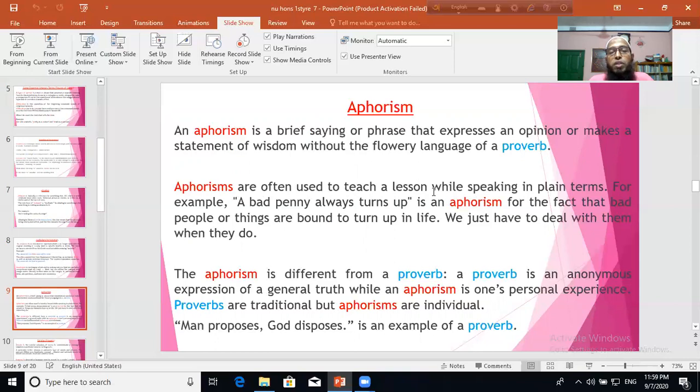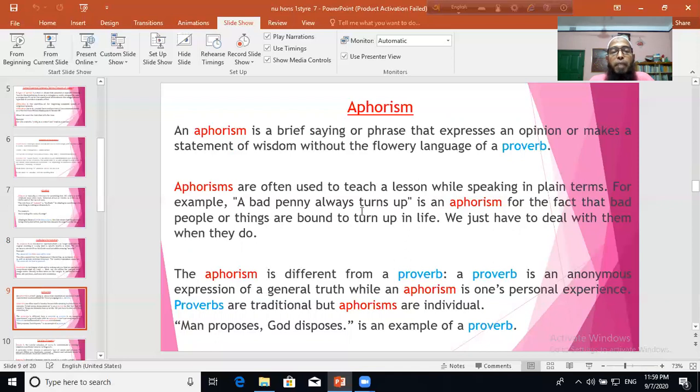Aphorisms are often used to teach a lesson while speaking in plain terms. For example, look at the example here. A bad penny always turns up is an aphorism for the fact that bad people or things are bound to turn up in life. What does it mean? That means in our life, we must sometimes face bad people in our everyday life, in our society, everywhere, in our office, in our schools, colleges, in our society, market, shop.